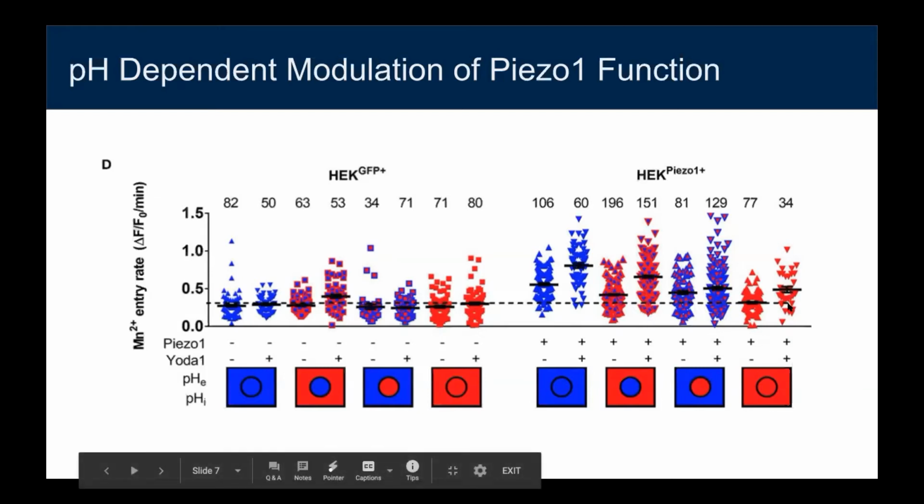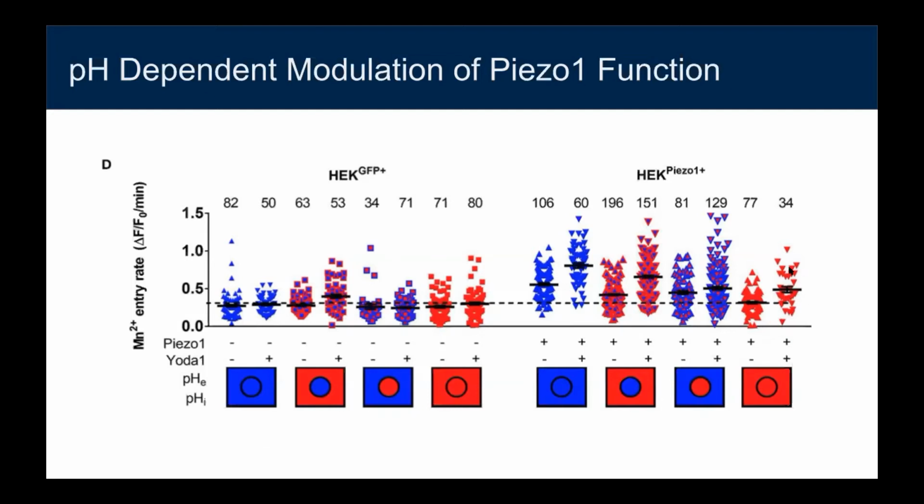So they're showing this intracellular pH is more important for inhibiting Piezo1 function. And when you combine them both, there's slightly more inhibition, though it's hard to tell. But they also test many fewer cells, like 129 versus 34.